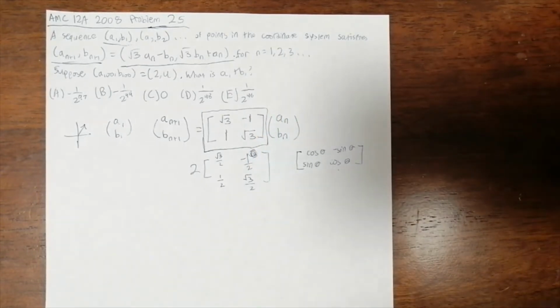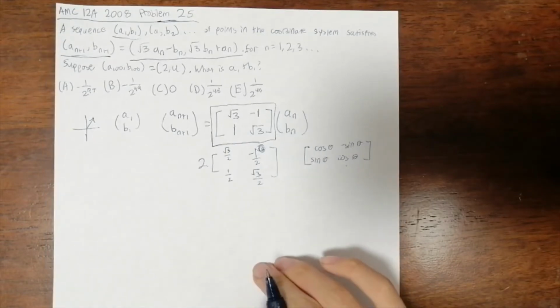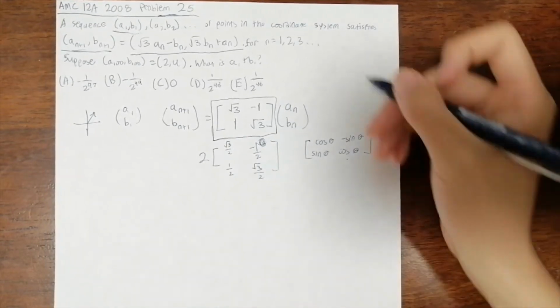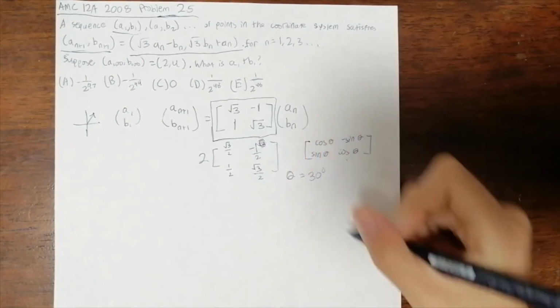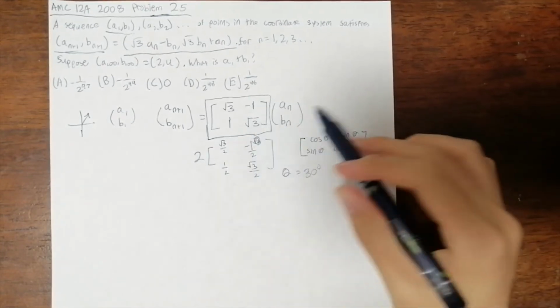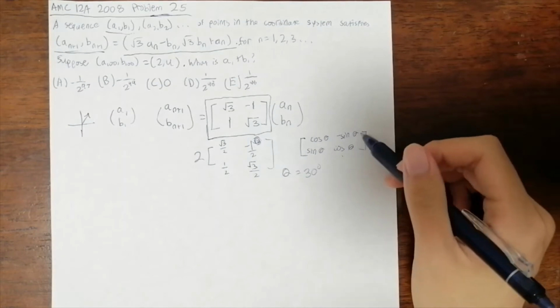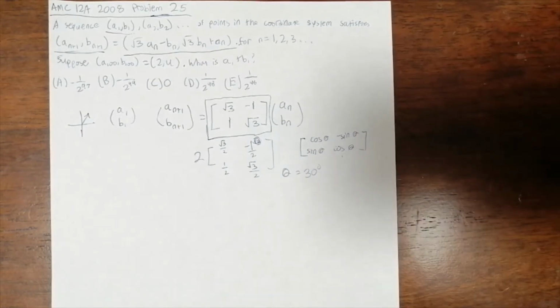Okay, and you can probably immediately see it. Theta is 30 degrees, because cos 30 degrees is root 3 over 2, negative sine 30 degrees is negative 1/2, etc.